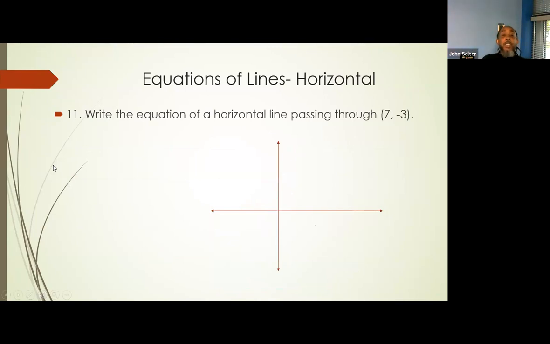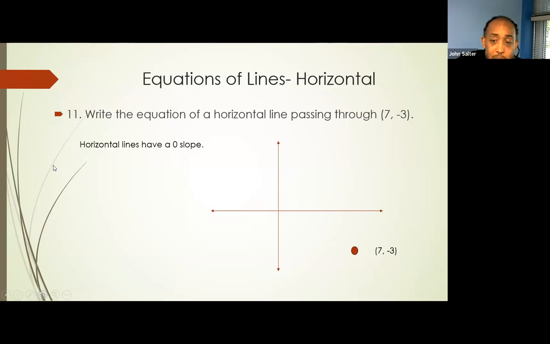The equation of a horizontal line, that's a very important key word right there, horizontal line passing through this point. We talked about it a little bit earlier in the previous question. A horizontal line is one where the slope is 0. So I'm really just looking for my intercept, where it's crossing the y-axis.